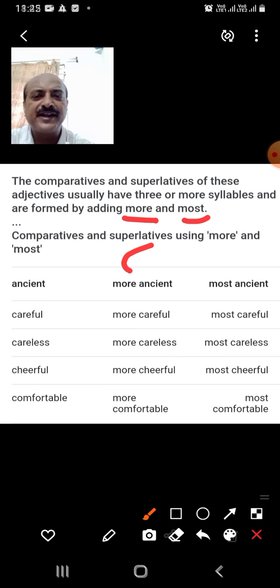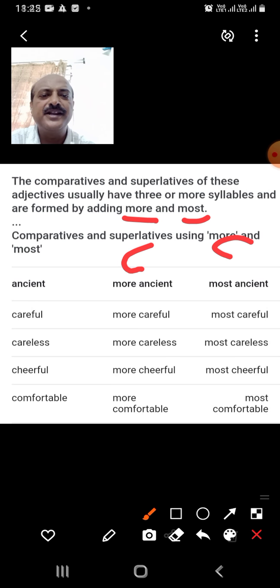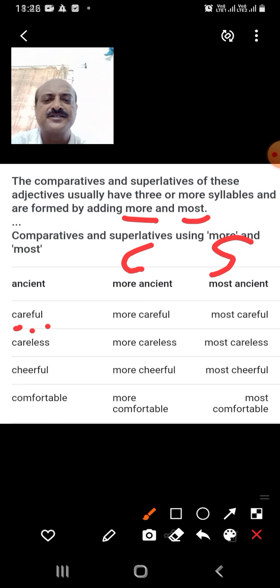So this is comparative with more, and in superlative we add most. Careful: A, E, U, again there are three vowels, more careful, most careful. Careless, more careless, most careless. Cheerful, more cheerful, most cheerful. Comfortable, more comfortable, most comfortable.